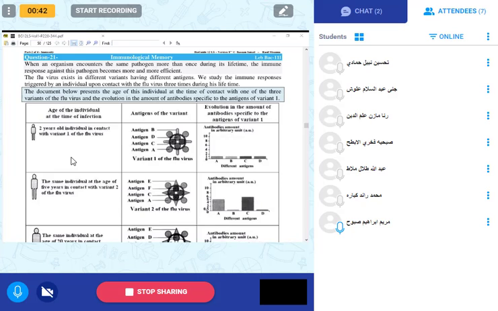To the outside. Because the inside one should enter the cell, be broken down and then presented on the surface of the infected cell.